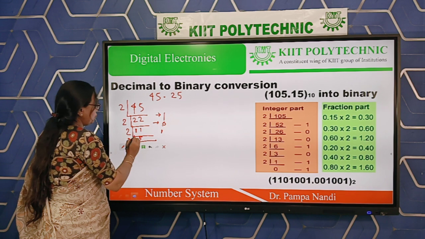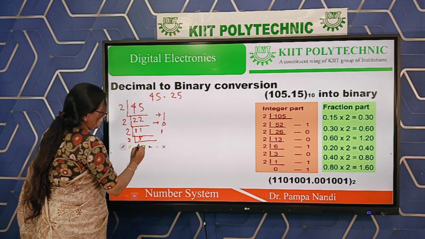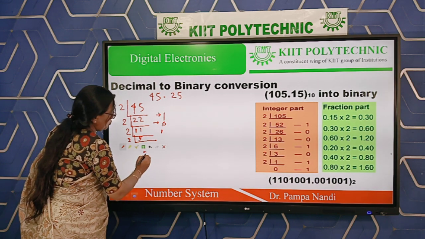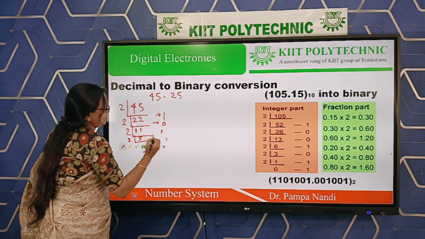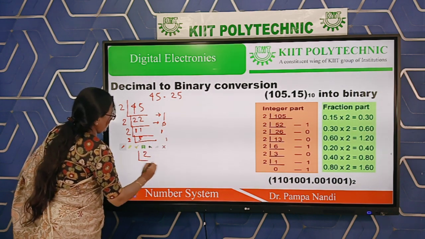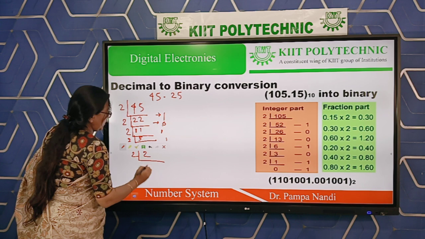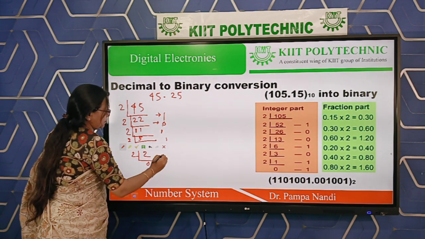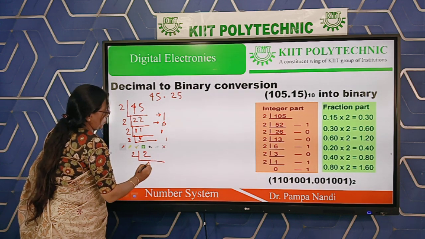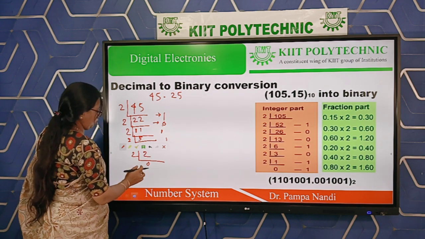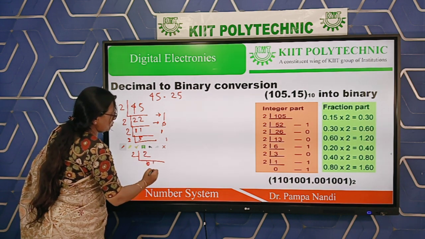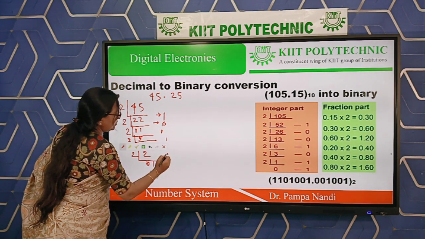Again 2, this is 2 and here remainder is 1, 2, 0, sorry, this is 1 and here it is 0.